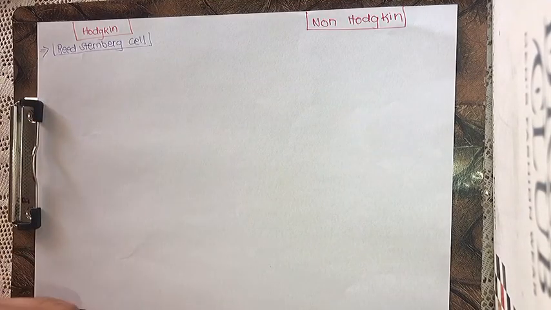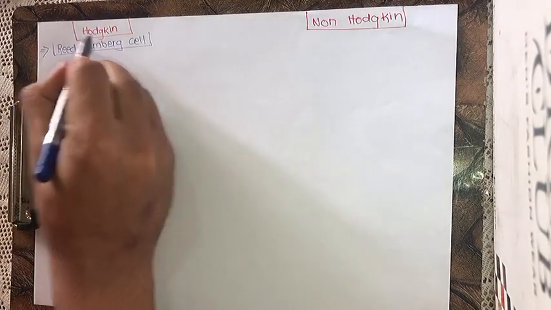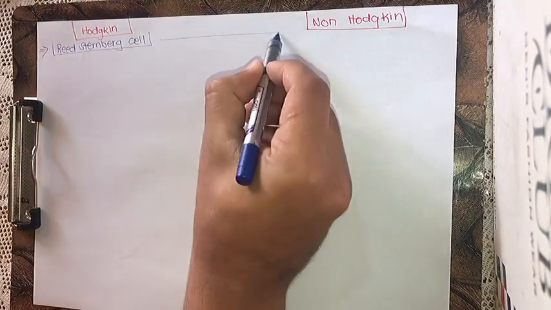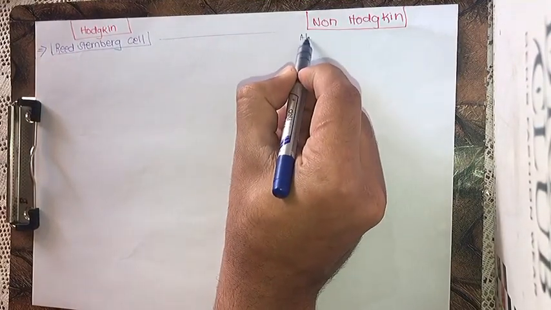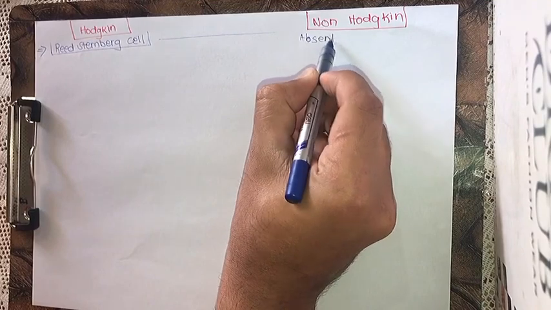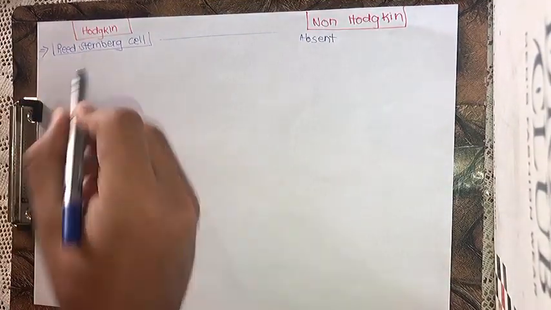So what is the Reed-Sternberg cell? It is present in Hodgkin's lymphoma, but absent in non-Hodgkin's.